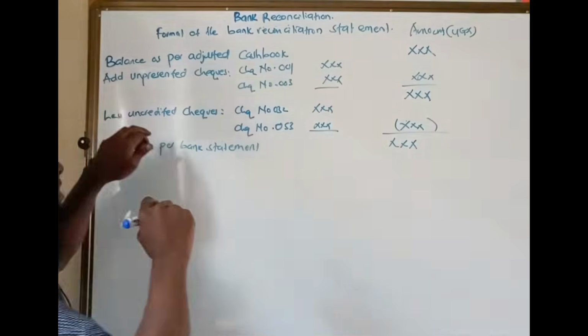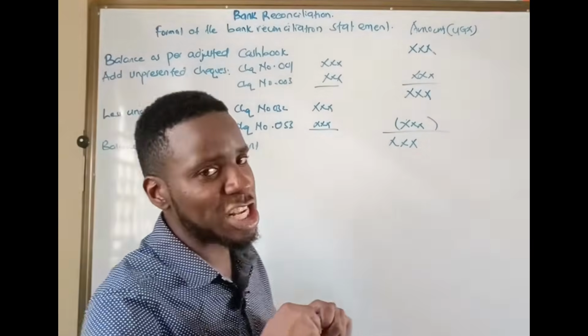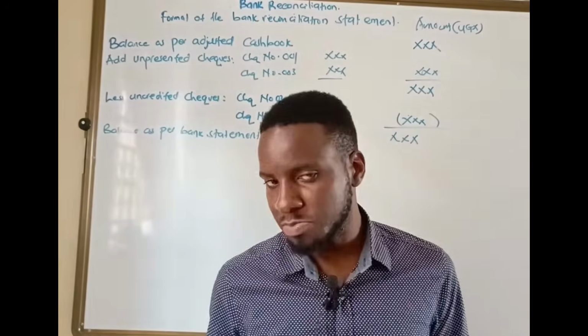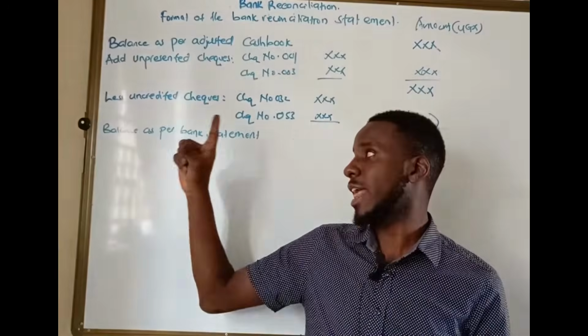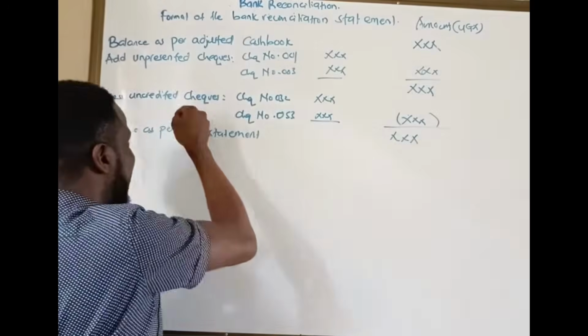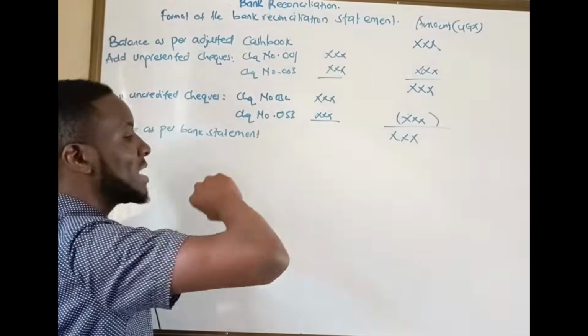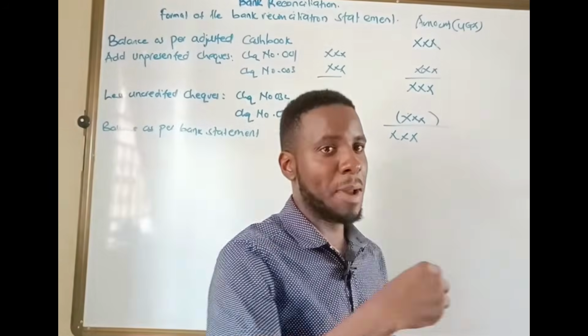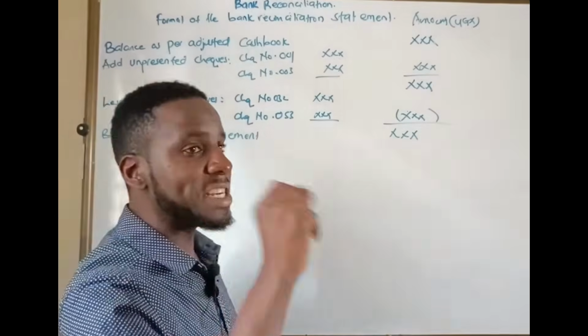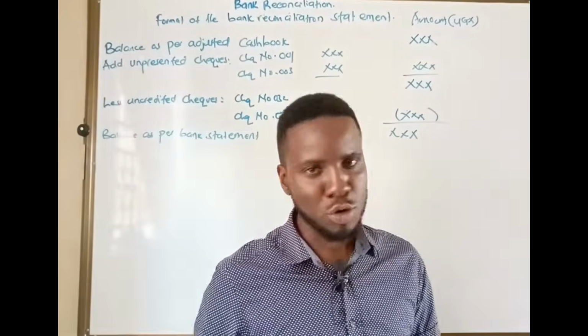Now, the uncredited checks, remember, these are checks that you have debited in your cash book, meaning in your cash book, you actually have a debit of these checks. When you debit in the cash book, it means you have actually added them there. Remember, you are receiving them. Now, these checks were actually not credited to the bank. If they're not credited, that means your bank account does not know these checks.